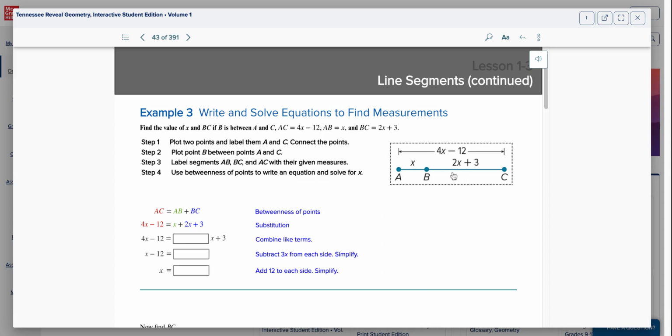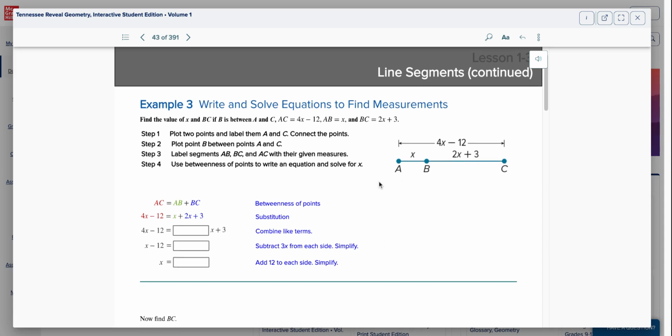And BC is 2x plus 3, that big part over here. And of course, this is the segment addition postulate. It means you're adding because you have both of the little parts that add to equal the big part. Remember that trick question. How many segments do you see? I see 3. AB, BC, and then add them to get AC.